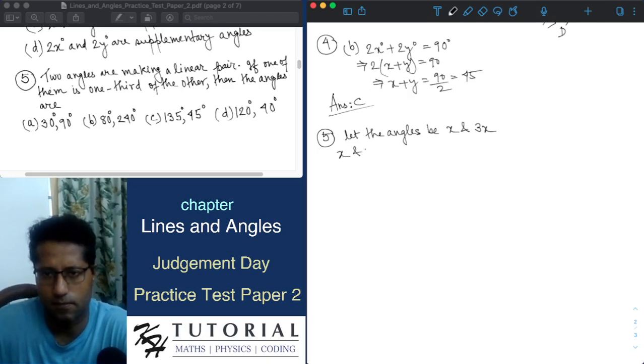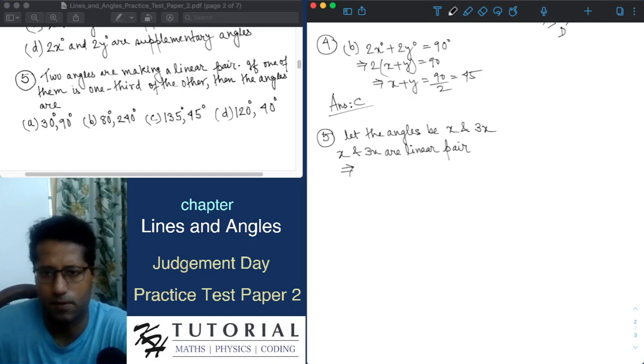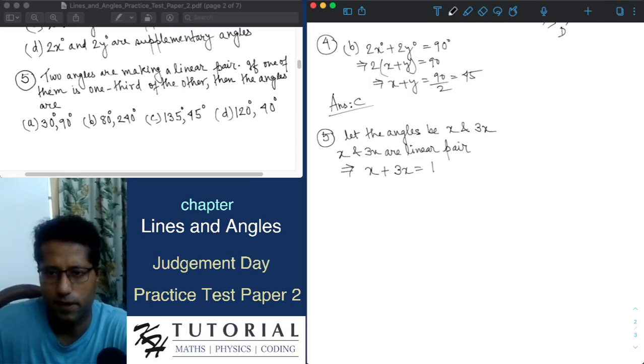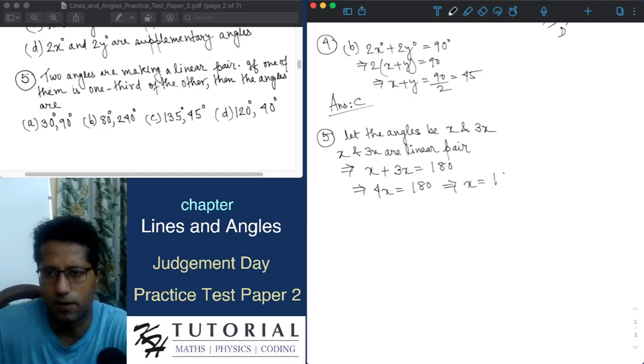x and 3x are a linear pair, implies that they are supplementary. So x plus 3x equals 180. This implies 4x equals 180, and this implies x equals 180 divided by 4. This is 45.